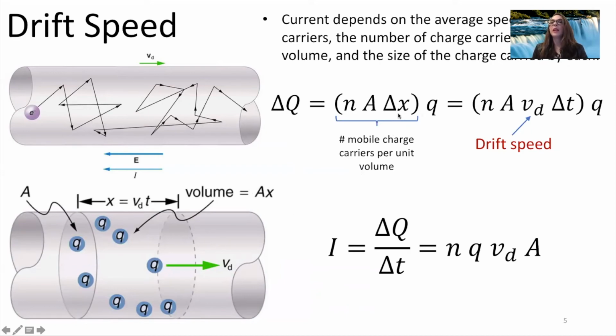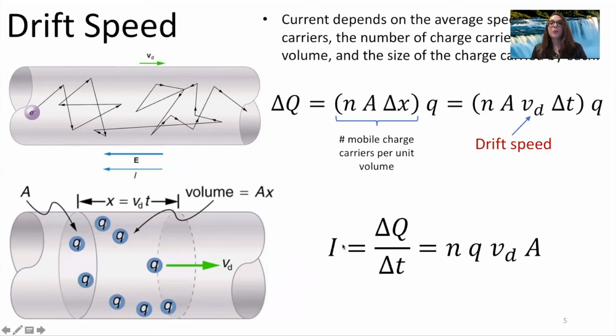So here we replace delta x with the drift speed times time, and then we can get a new equation here. And so Q is equal to n, our number of charge carriers, times cross-sectional area times drift speed times time times the charge of our charge carriers.